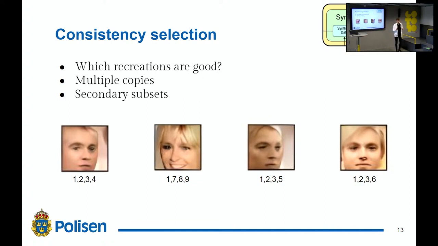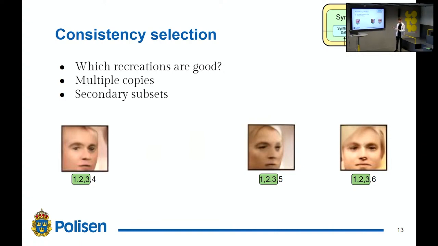Next, we try to find a subset of these which share these secondary classes. Looking at these, we can see that 1, 2, and 3 appear in both the third, the first, and the fourth image, whereas the second one doesn't share those same classes. So therefore, we discard the second image, which wasn't included in this subset of shared second categories.